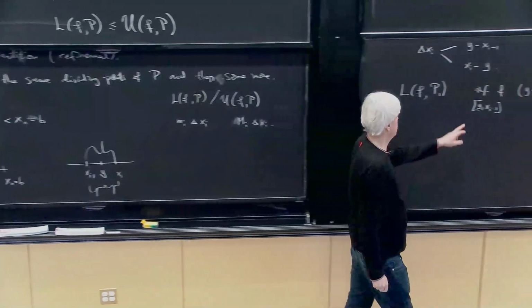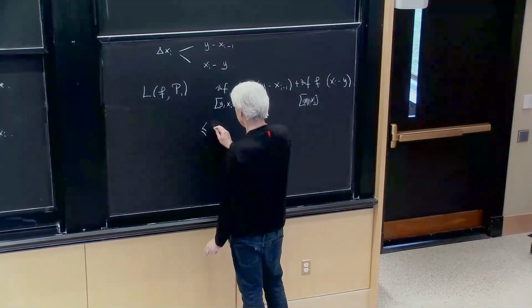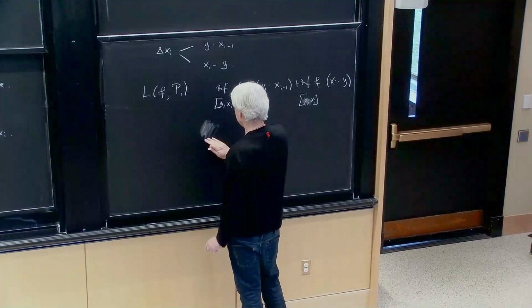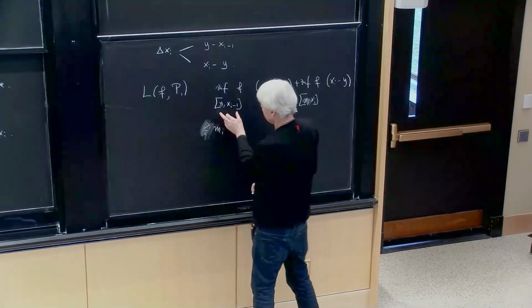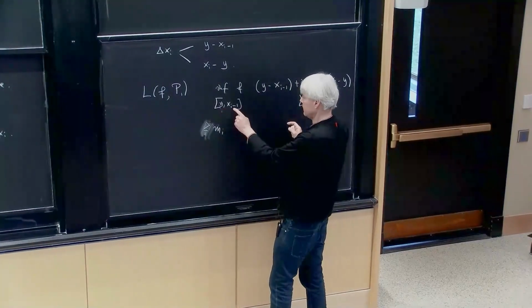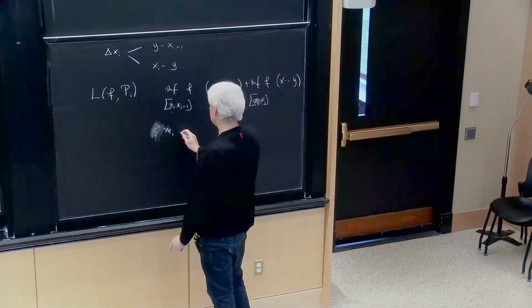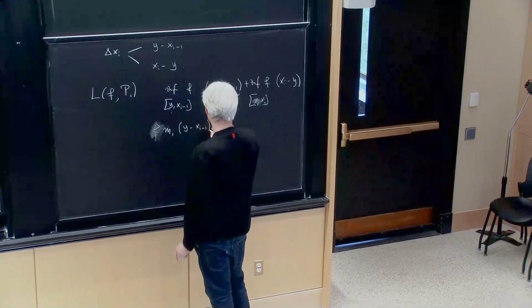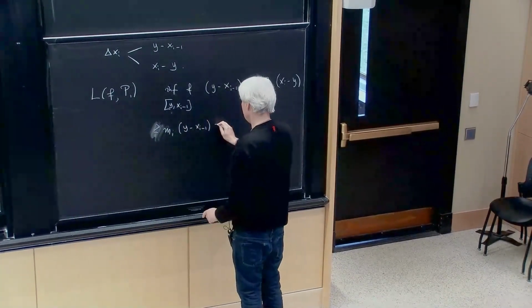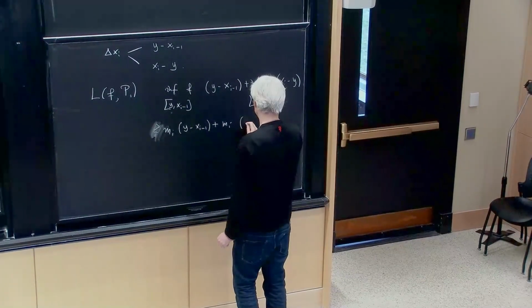But this here is larger or equal to the inf, where you take the inf over the larger interval that goes from this point to that point. So you have that this is larger than little mi times y minus xi minus 1. This other thing is also larger than little mi times xi minus y.